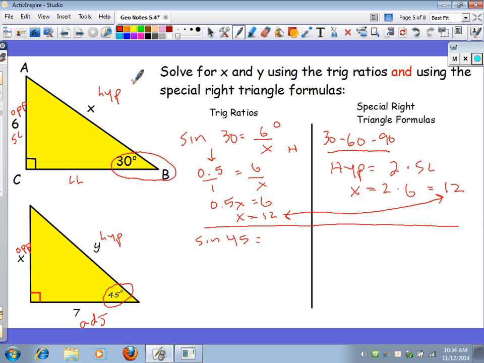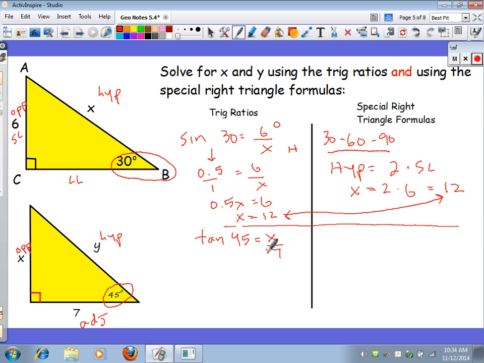I'm sorry. I'm not trying to find y yet. I'm trying to find the x, and I got a 7. Sorry about that. So, O-A, TOA, right? The O is the x, and the A is the 7. So tangent. Tangent of 45 equals the opposite side x over the adjacent side 7.